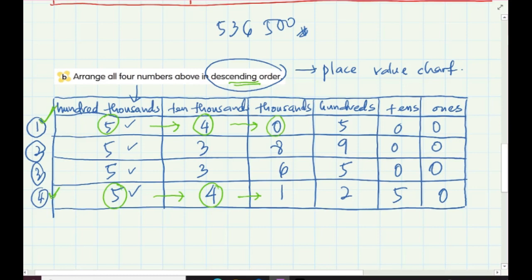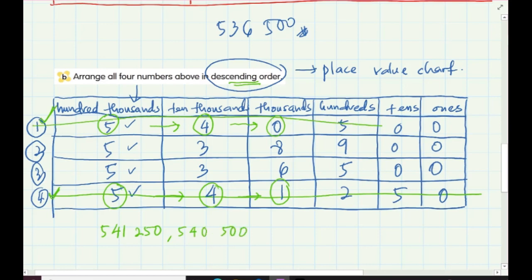For number 4, number 4 has 1,000. So we compare number 1 and number 4. Which one is the biggest? Yeah, number 4. So write down 541,250. Automatically number 1 becomes the second number.